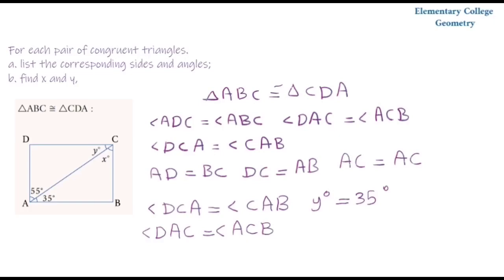So the angle of DAC equals 55 degree, and the angle of ACB equals X. So the angle of X equals 55 degree.